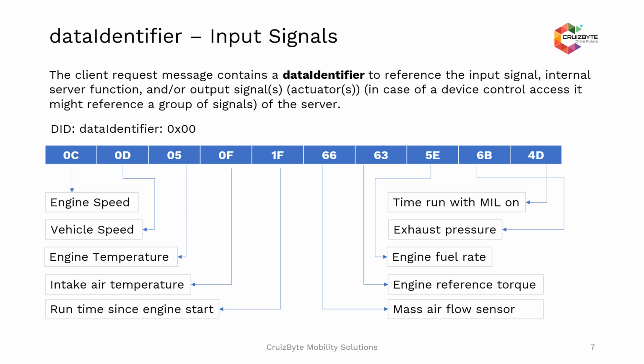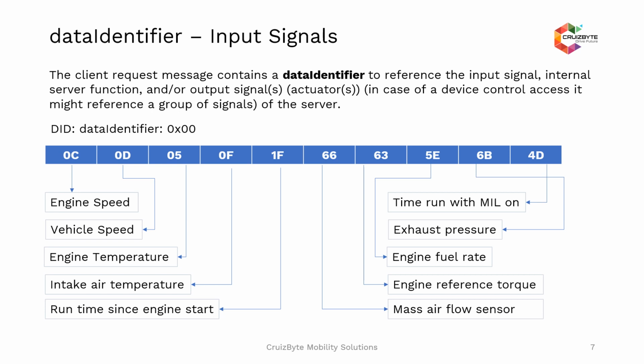So in this slide, I have defined identifier 0x00, which has 10 signals in it, and every signal has a unique value assigned to it. And these unique values are previously well defined within the control unit itself, so that when you give the reference value of 0C, it's always understood that it is engine speed, and these are mapped internally in the software.